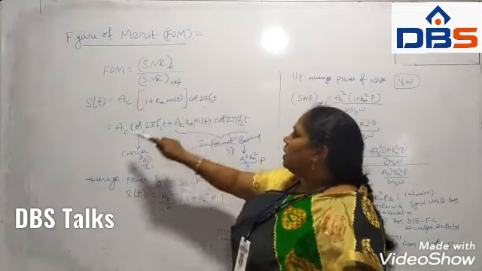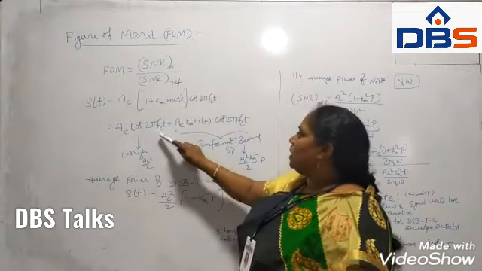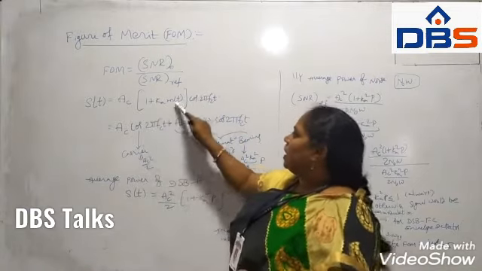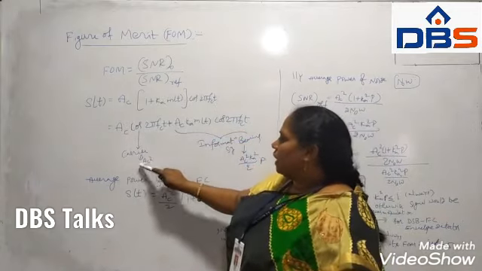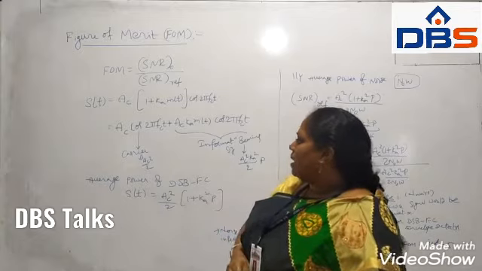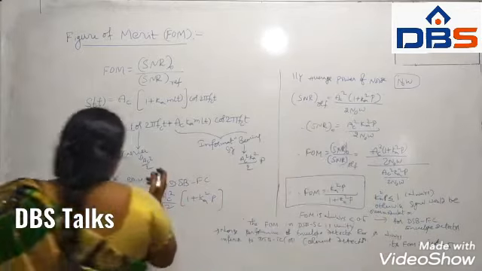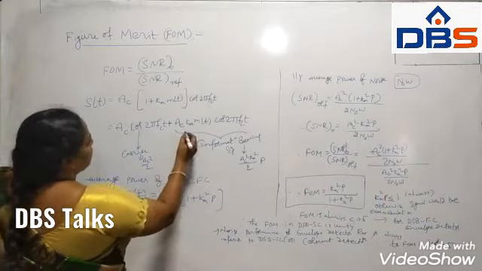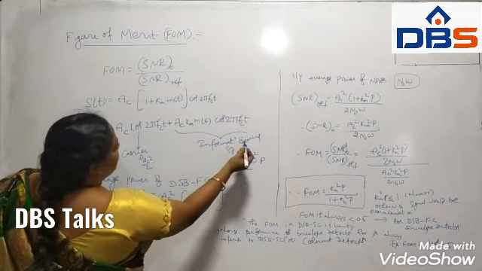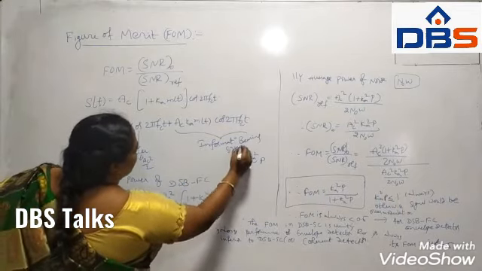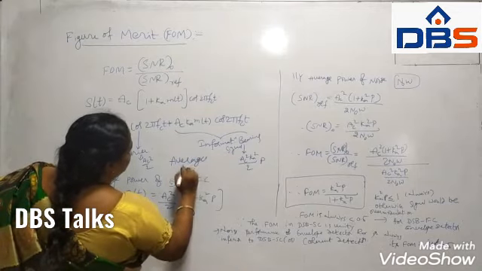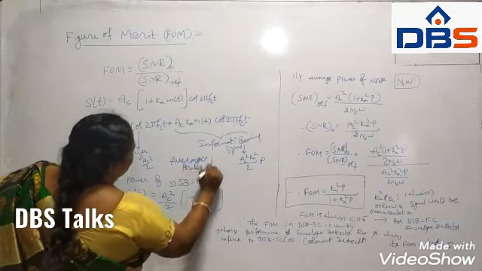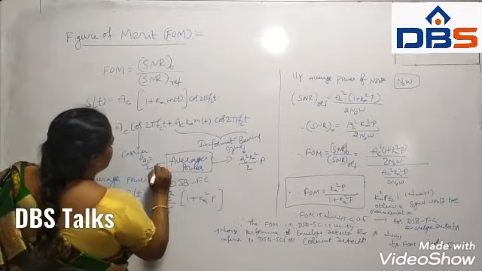Expanding these terms, AC into cos 2 pi fct plus AC into Ka m of t cos 2 pi fct. The first term is for the carrier, AC square by 2. The second term is the information bearing signal. For these two terms we have to take the average power.